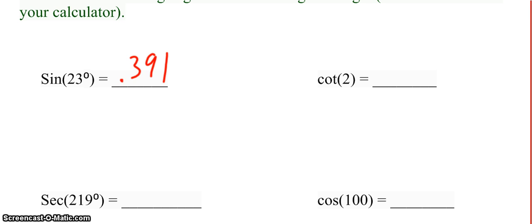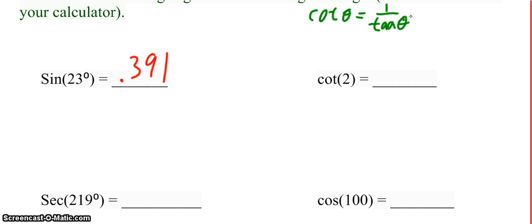But with what I just said, that tells us how we're going to actually type this into the calculator, because cotangent and tangent are reciprocals. We learned that the other day when we were doing our right triangle trig. So what I know is that the cotangent of theta is going to equal 1 over the tangent of theta.